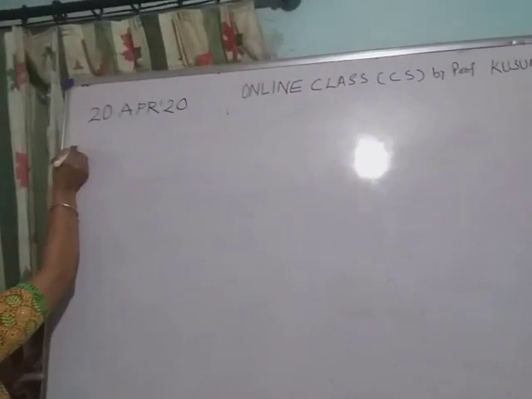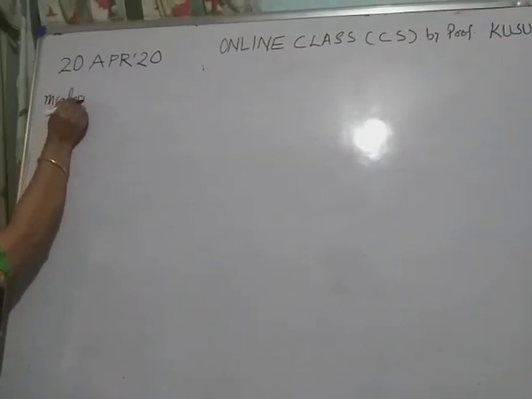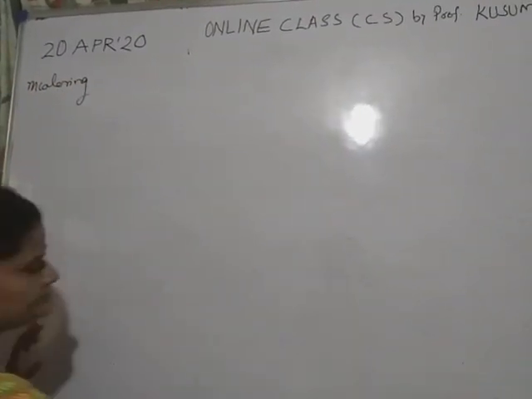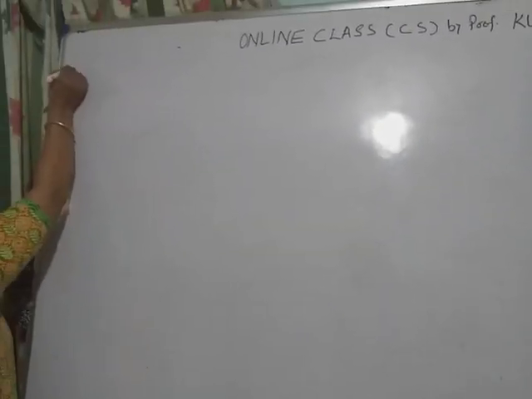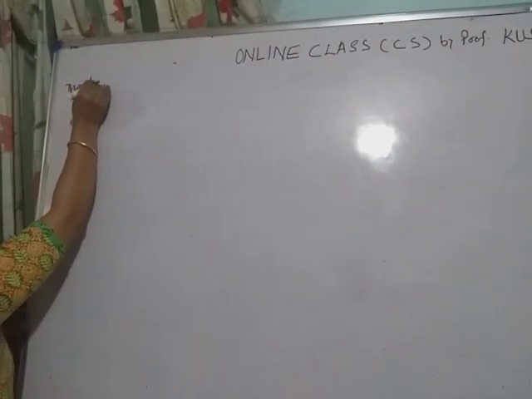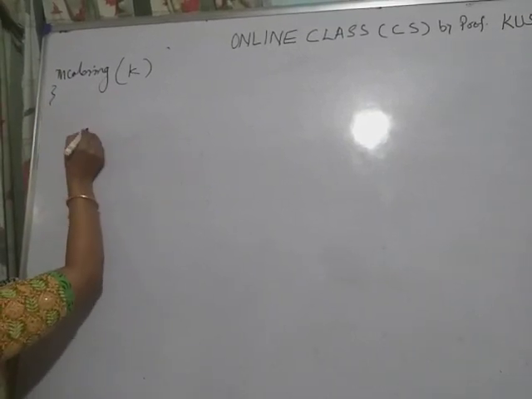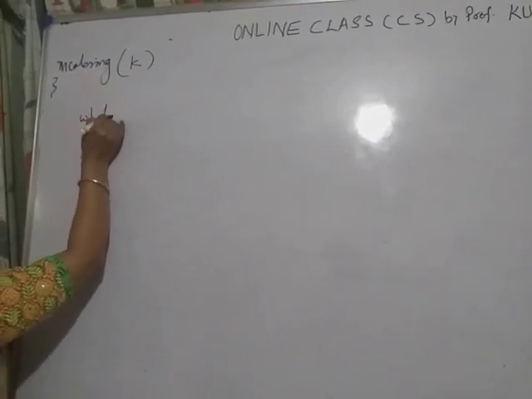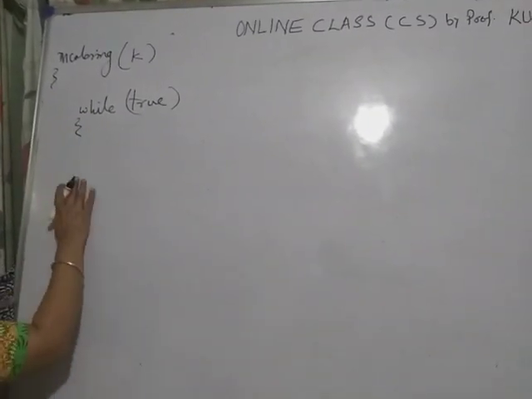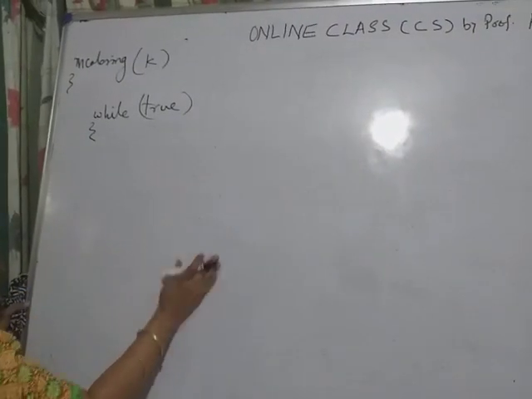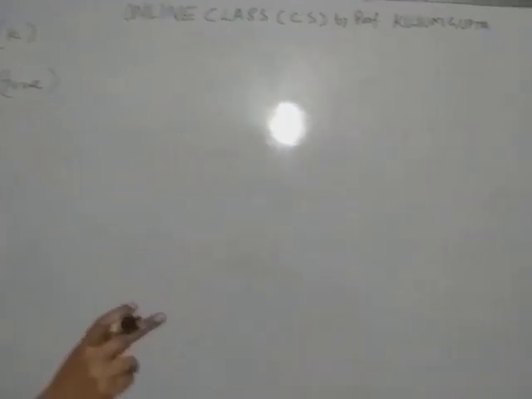Okay. So now the m coloring function is m coloring k, while true, and first it will generate the next possible color by calling the function next value k.